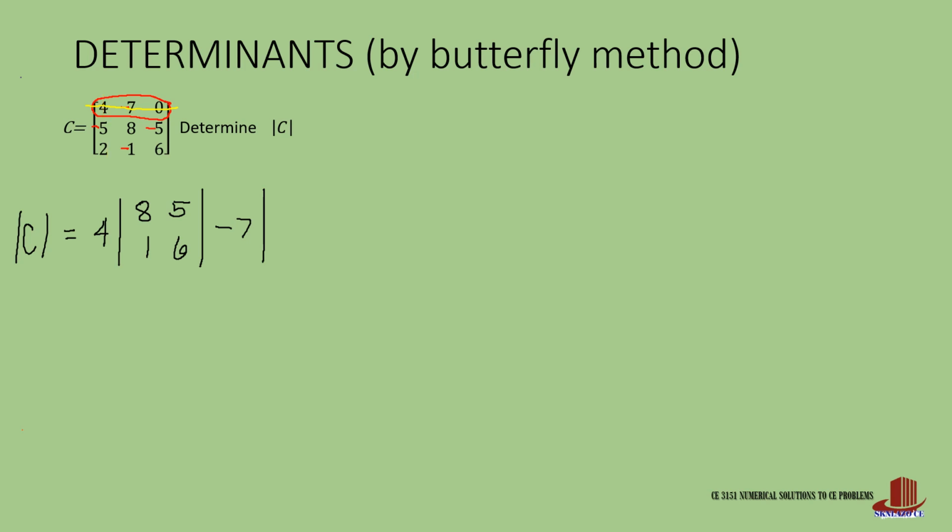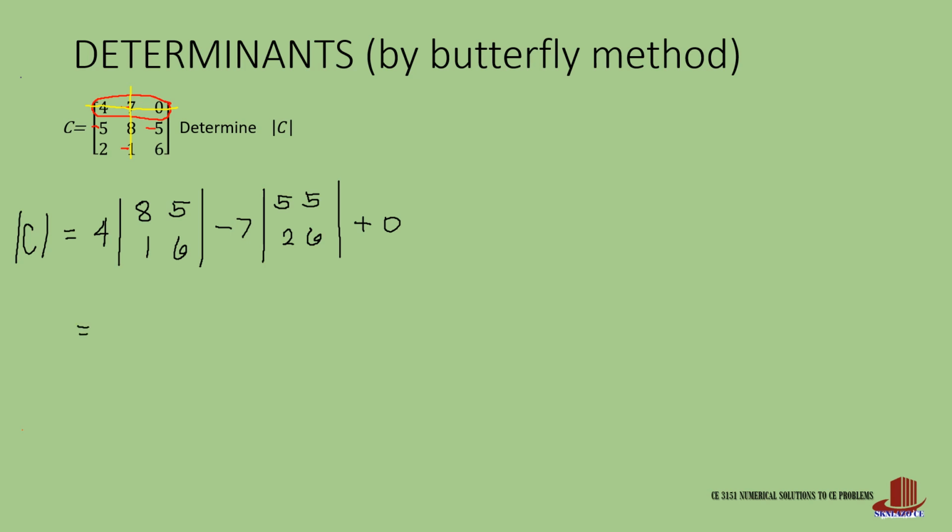Moving on to our second column, giving us the values of 5 and 5 with 2 and 6. Then the third one would still be a 0. So we are only going to work with two terms.